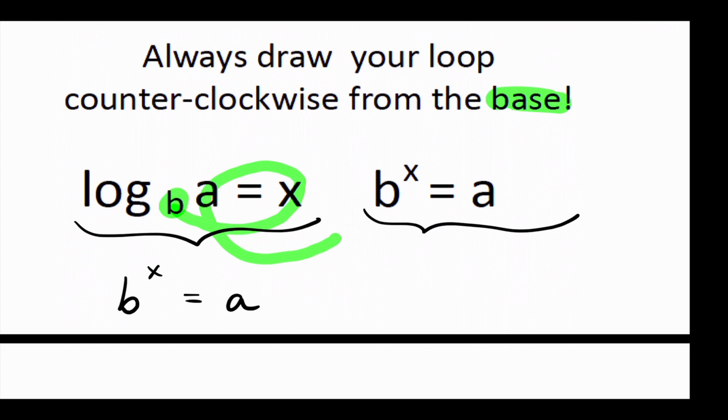To go the other way, we're not going to use a loop. We're going to create an L, right? So I use the E when I want to change to exponent form. I use the L, I'll show you the L right here. I use the L, kind of looks like a little foot, when I want to change to a log. L for log, right? Well, to do that, I started with the base.